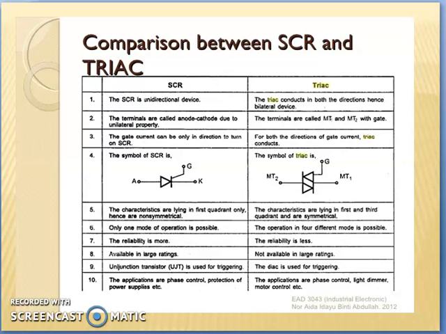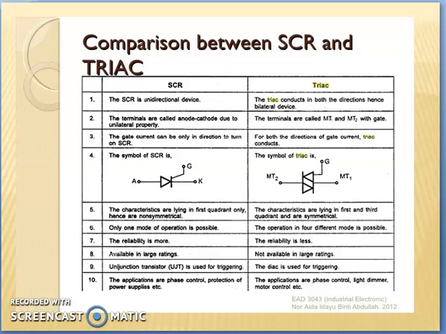The second comparison: in SCR the terminals are called anode, cathode and gate, whereas in triac the terminals are called MT1, MT2 and gate. The third comparison: the gate current flows in only one direction to turn on the SCR, whereas in the triac the gate current flows in both the directions.